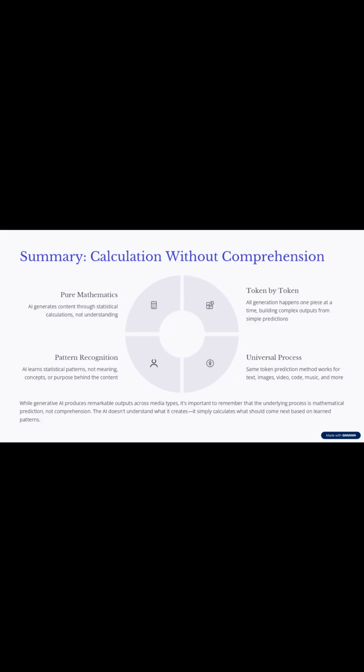Pattern recognition: AI learns statistical patterns, not meaning, concepts, or purpose behind the content. While generative AI produces remarkable outputs across media types, it's important to remember that the underlying process is mathematical prediction, not comprehension. The AI doesn't understand what it creates, it simply calculates what should come next based on learned patterns.